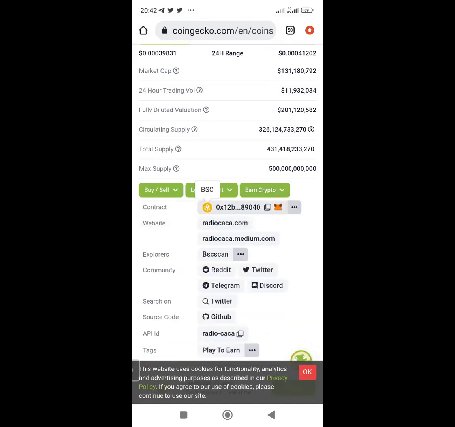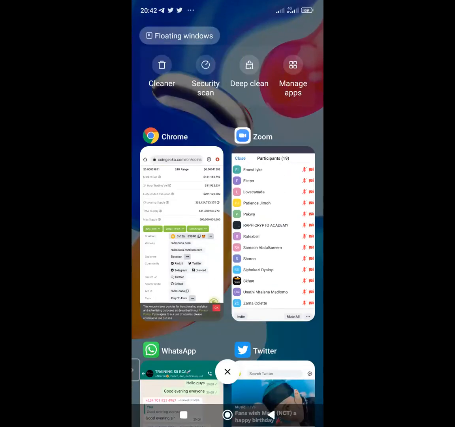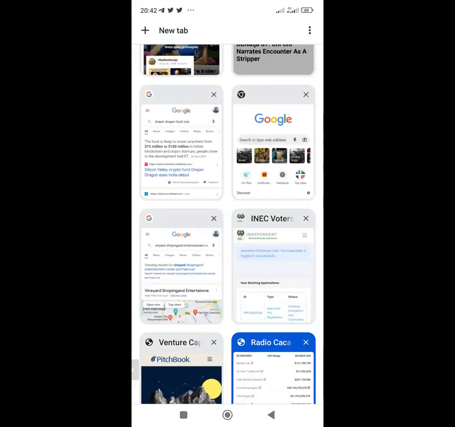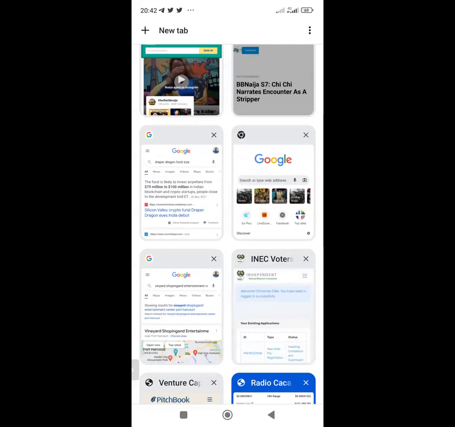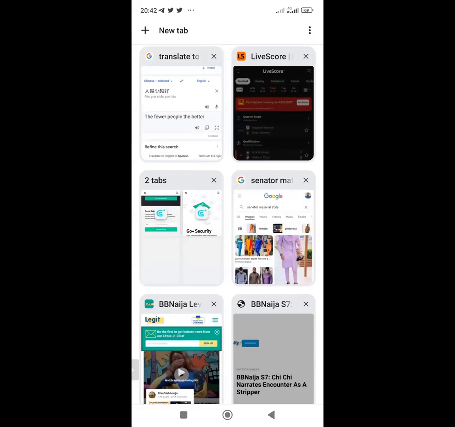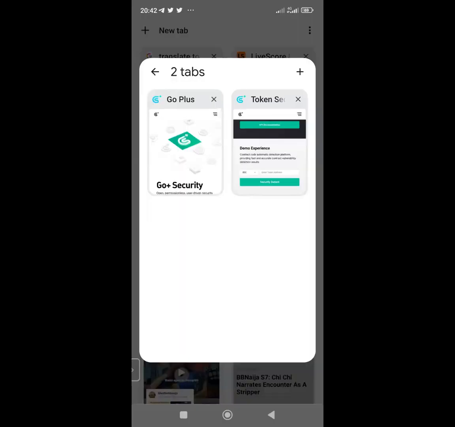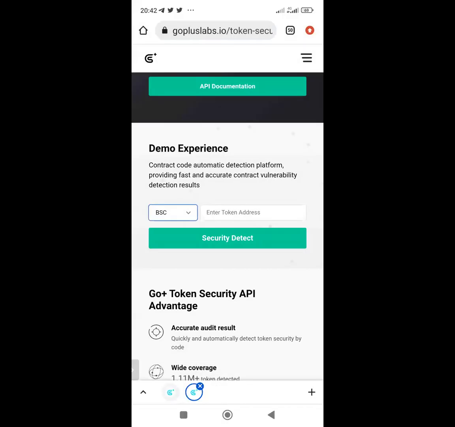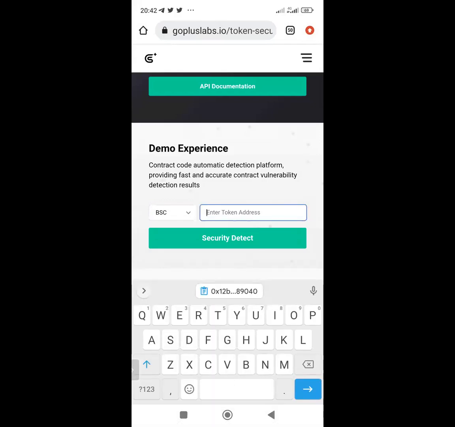I want to copy this. I'm copying it. That is the contract address, or like the name of the token. So now I'm going to paste that contract address here. That contract address represents the token. Okay. You understand, right?